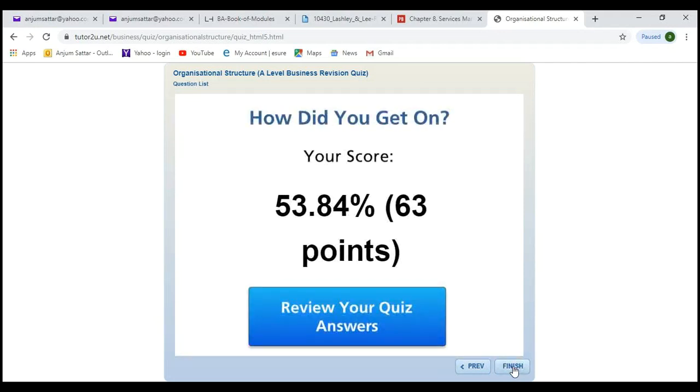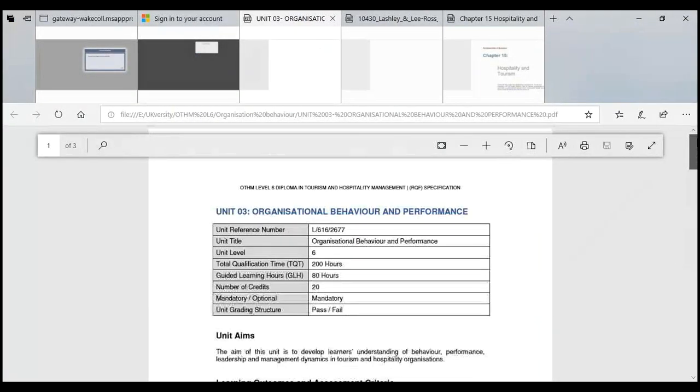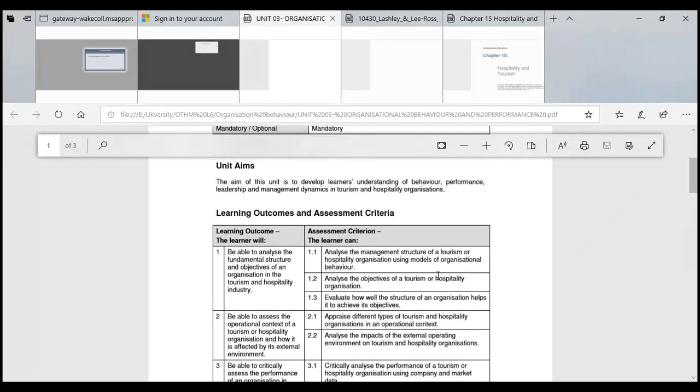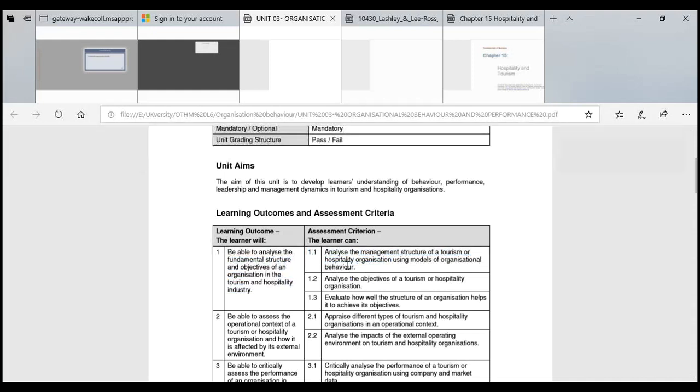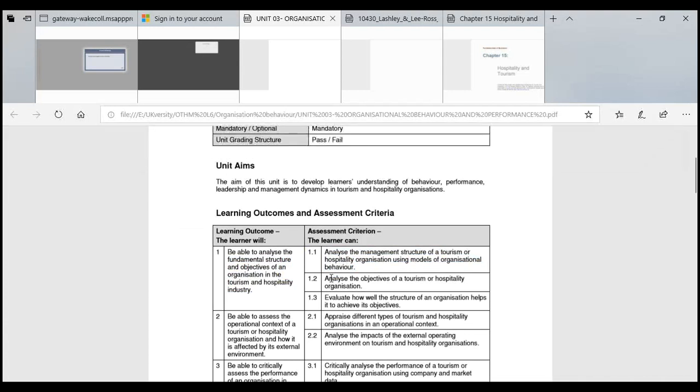Okay, well done. So that's all about that. We'll go back to what we were supposed to learn. Today we discussed how to analyze the management structure of a tourism or hospitality organization, and what is meant by organization behavior and how we can analyze it. We discussed one model, and the objectives of a tourism or hospitality organization.